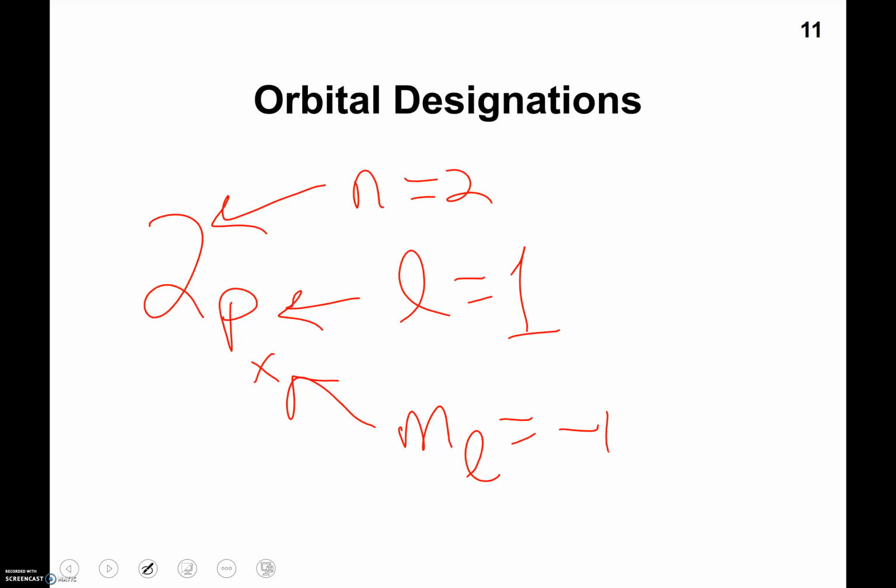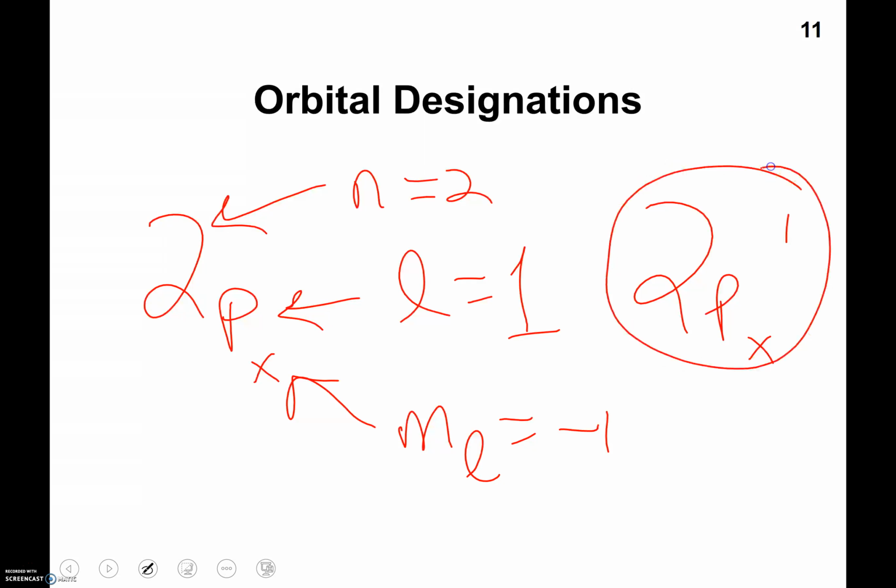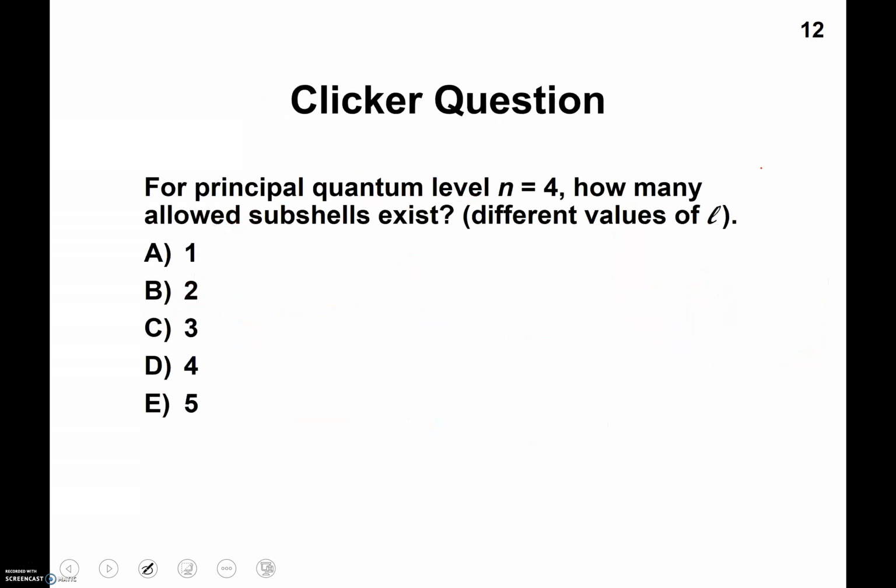So we'll use that designation for the orbital to see if there's an electron in there. And then later on, if we want to know if there are electrons in there, we'll put a superscript in there for 1 electron that's in it, or maybe change that to a 2. So we want to get to that, but we need to know how the numbers are described.